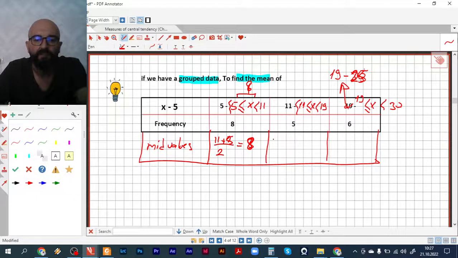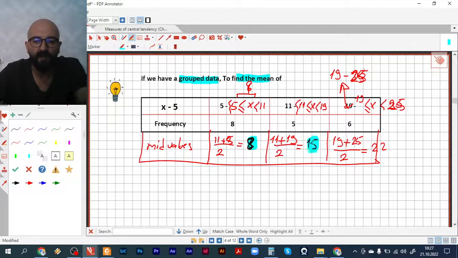Okay, and 11 plus 19 over 2 becomes 15, and 19 plus 25 over 2 becomes 22. If we have grouped data, we should use mid values. Okay, and we want to find the mean.